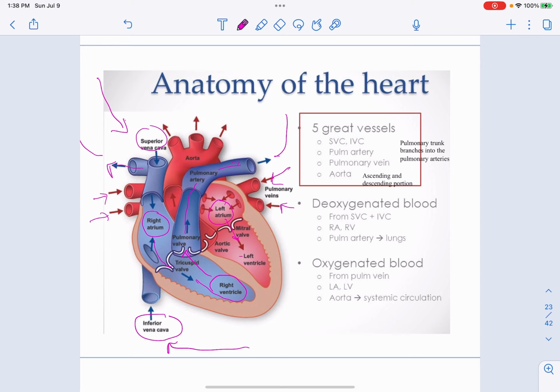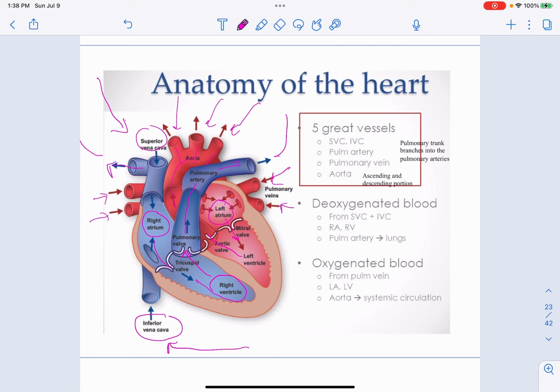The blood will then pass through the aortic valve and head up towards the aorta, and then to the rest of the body. Now, there are terms for all the names of these vessels coming off of the aorta. We will talk more about that when we talk about circulation.